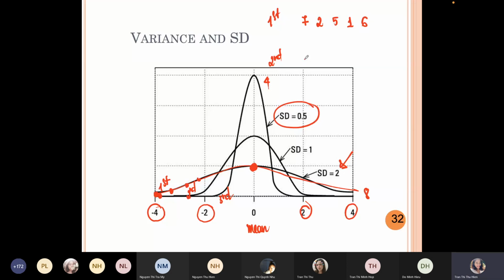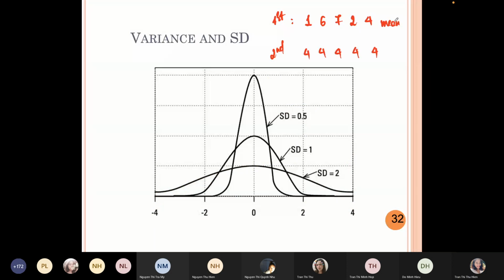And for the second group, it is 4, 4, 4, 4, and 4. Can you see my screen clearly? For the first group and second group, I have 5 observations for each group.